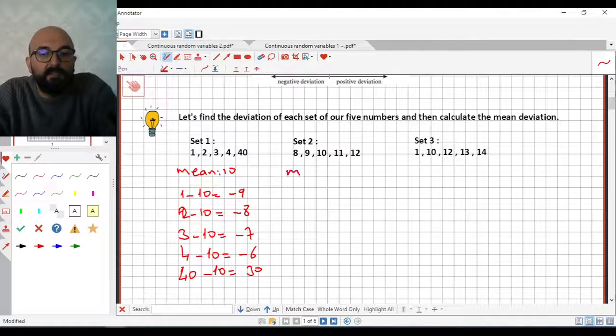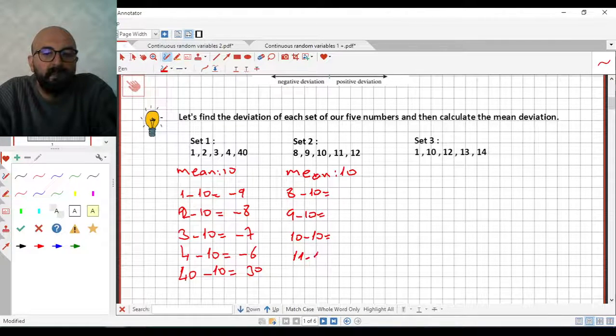And for the second set, the mean is 10, so I want to compute the deviation for all data: 8 minus 10, 9 minus 10, 10 minus 10, 11 minus 10, and 12 minus 10. So it becomes negative 2, negative 1, 0, 1 and 2.